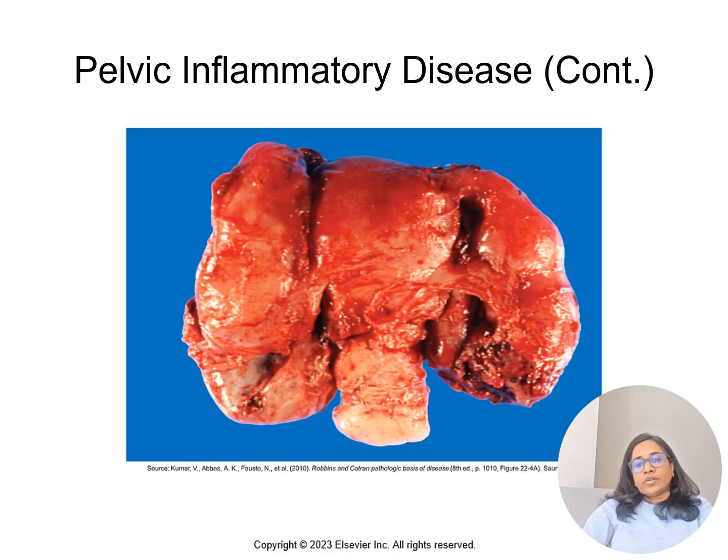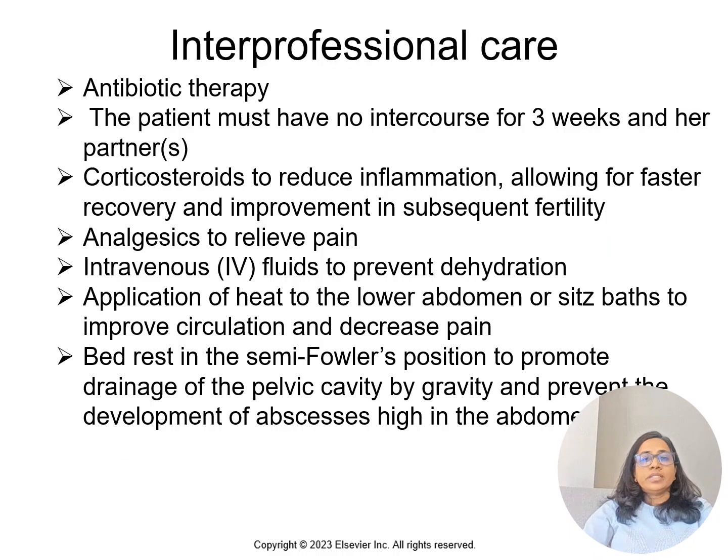This is a picture of the inflamed uterus. Care usually is antibiotic therapy. Depending on the organism causing the infection, we treat it. Patients should not have any intercourse for at least 3 weeks after the treatment, or once the treatment is completed.